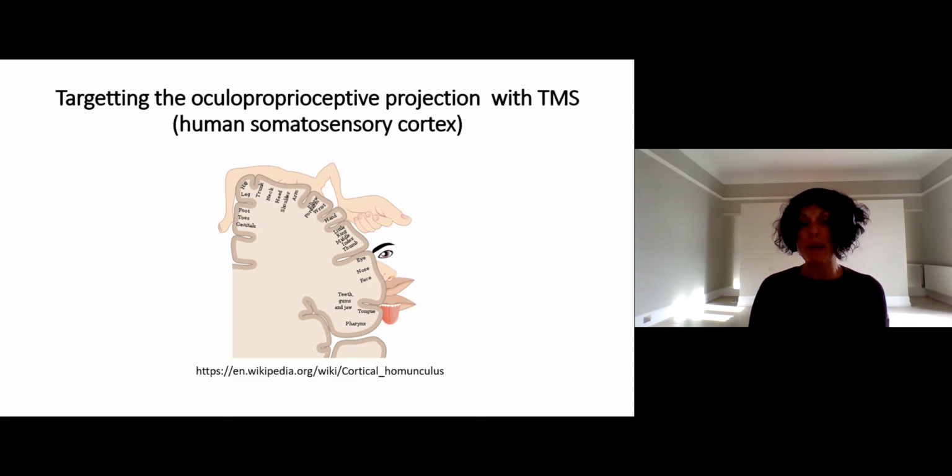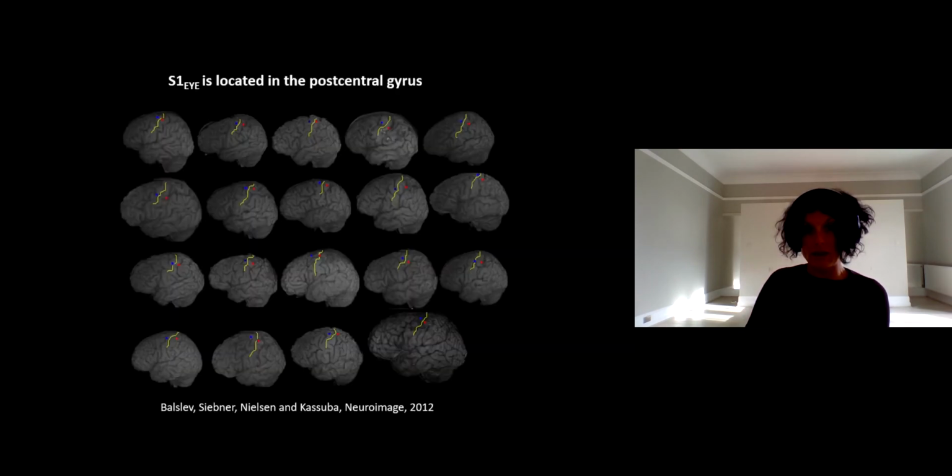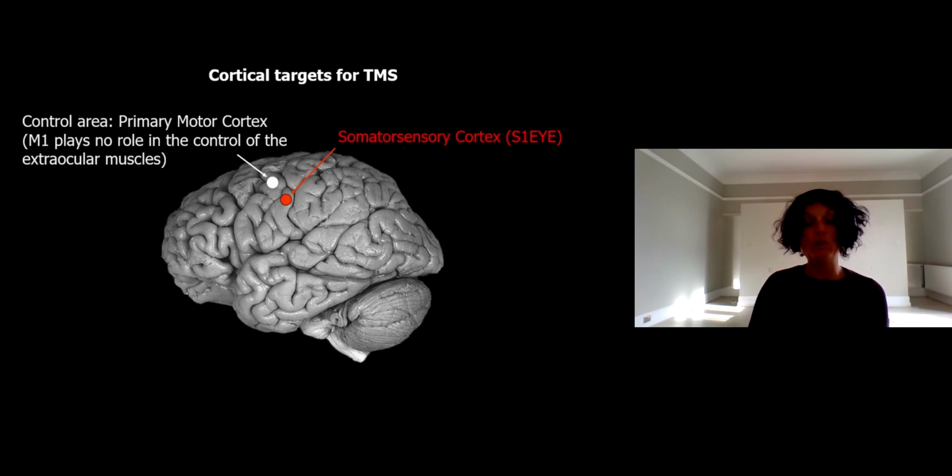And so, because the representation of the hand muscles in the motor cortex is very easily found with transcranial magnetic stimulation, a TMS pulse produces a twitch in the hand muscles, then we place the coil in relation to the motor cortex of the hand.